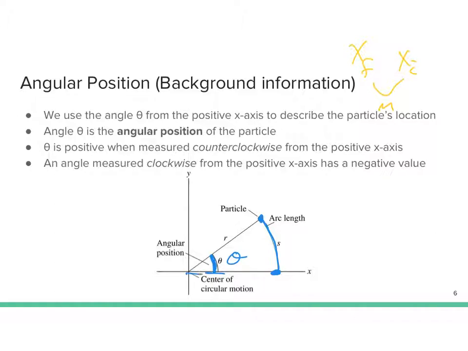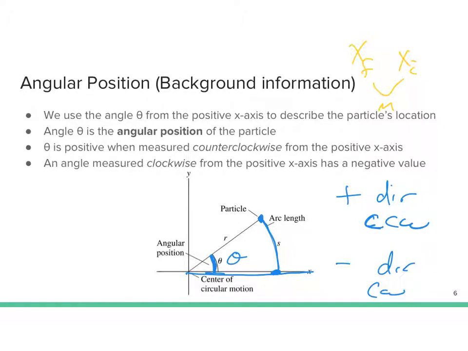This is our 0 spot right here, but theta is going to represent not necessarily the distance that we travel, but the particle's location from the 0 point. We'll talk more about that in just a little bit, but theta is positive when it's counterclockwise. So the positive direction is counterclockwise, and the negative direction is clockwise.